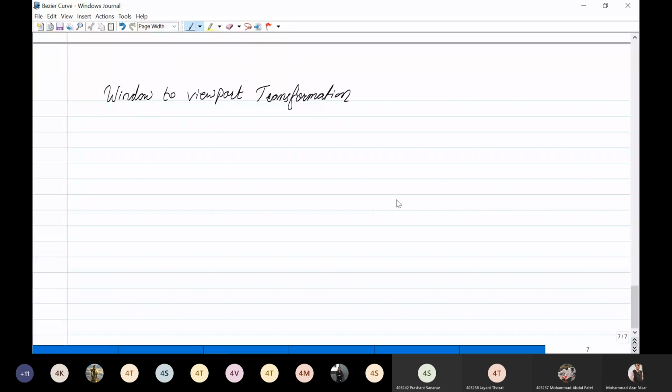So suppose again I will take the same example. Suppose this is your x coordinate and y coordinate, and this is the window, given with some coordinates.